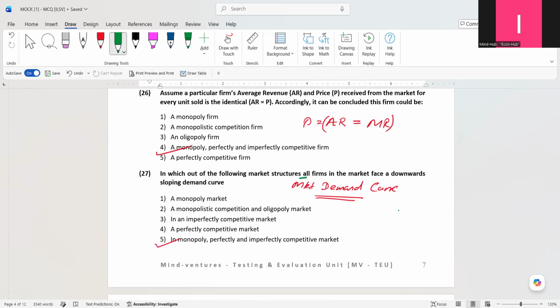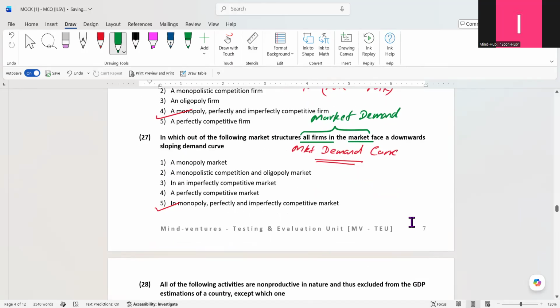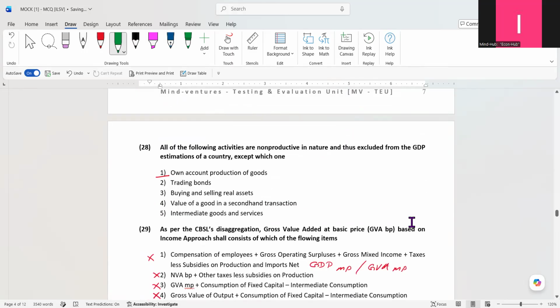It says all firms in the market. I'm using this as another way to say market demand curve. Correct answer number 5.